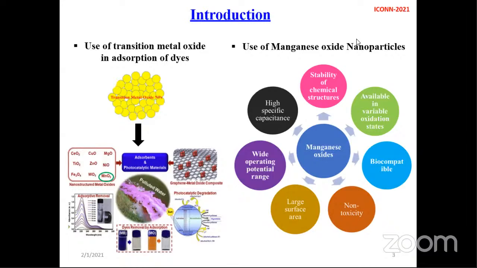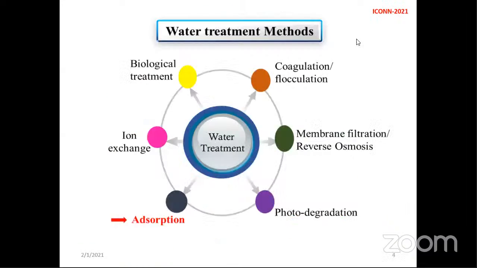Among various transition metal oxides, I have focused my study on MnO2 nanoparticles because they are available in variable oxidation states, are biocompatible, have high specific capacitance, and can be operated in a wide potential range. They are non-toxic, their chemical structures are highly stable, and they have a large surface area, which prompts us to use them as a nanoadsorbent for adsorption.